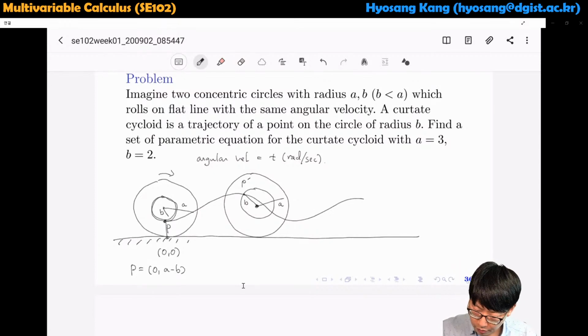After it rolls t seconds, it moves in this direction. So this is when time passes by t seconds.